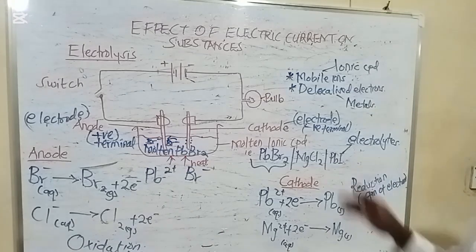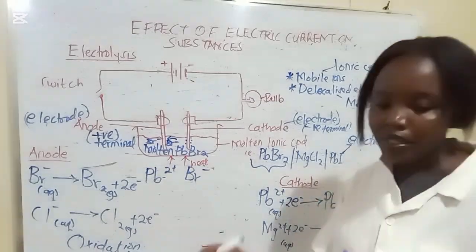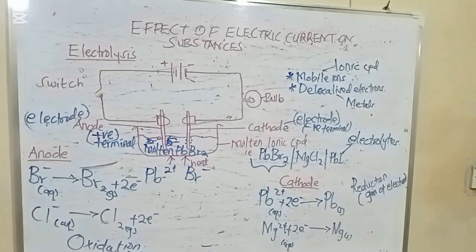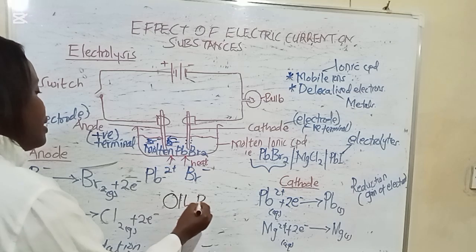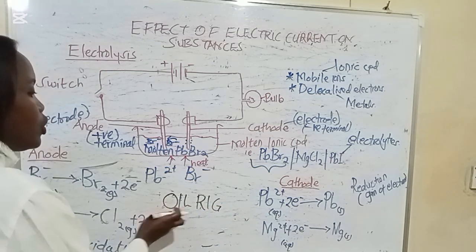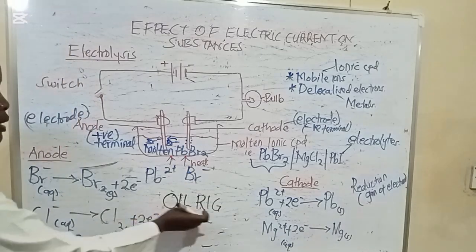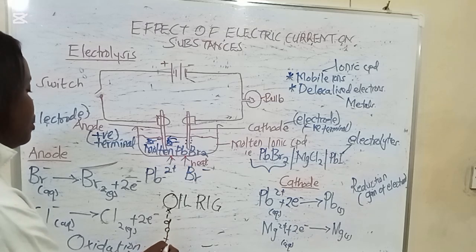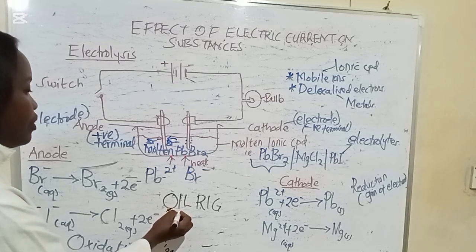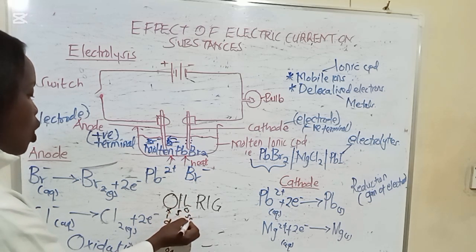Something that you can use to help you understand the whole reduction and oxidation process is OIL RIG. Let me write here. OIL RIG is going to help you understand the whole oxidation and reduction thing. O is for oxidation, I is for loss, L is for loss.